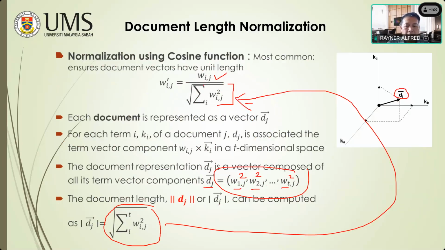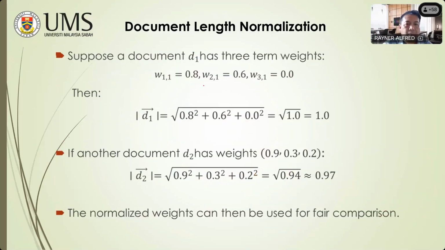So how do we apply this? For example, in document D1, we have 3 terms. To find the length, we take the square of each of them, sum them, and take the square root, and we get 1. The normalized weight for this one will still be the same because we divide by 1.